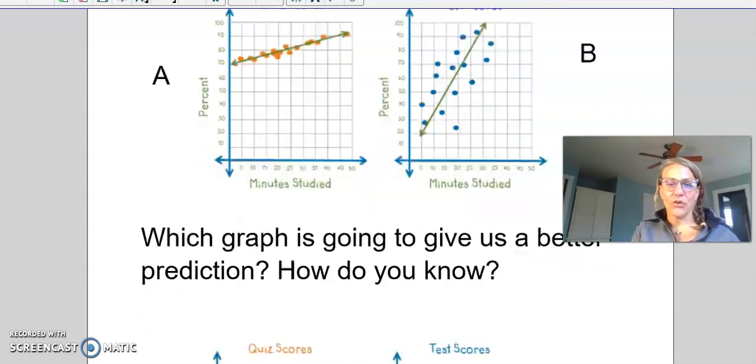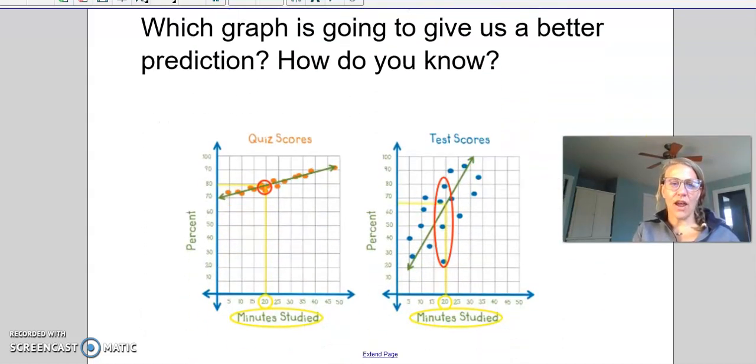All right, you should be able to pick graph A, this first graph, because our data is a lot closer to our line of best fit. Look at the range here in our other graph compared to our line of best fit. There's a big range in data, whereas our data is very clumped and close to that line of best fit. So this would give us a better prediction.